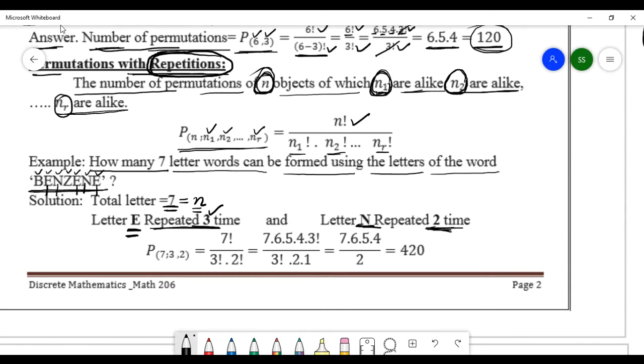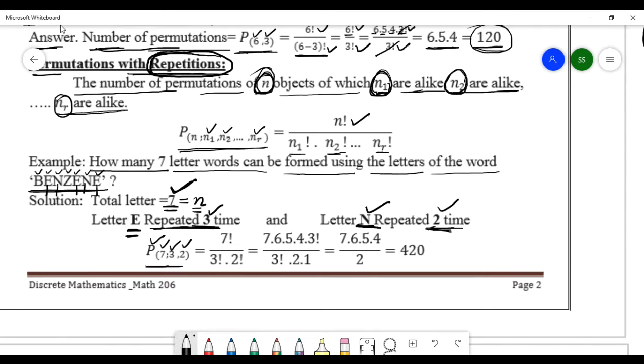Okay, so write here permutation, and total n that is 7. So start from here, permutation P of total 7, and here write repeated. E repeated 3 times, so write 3 here, and n repeated 2 times, so write 2 here.